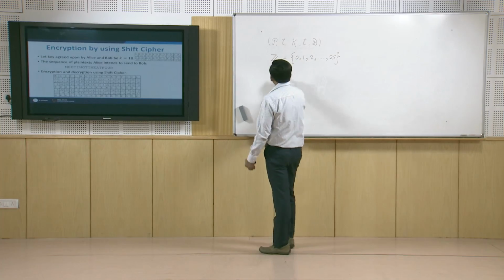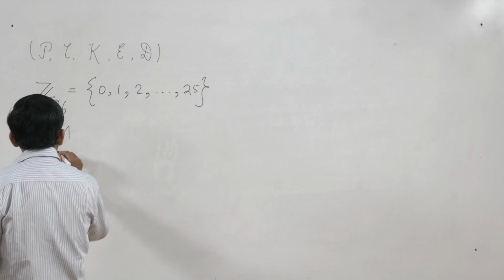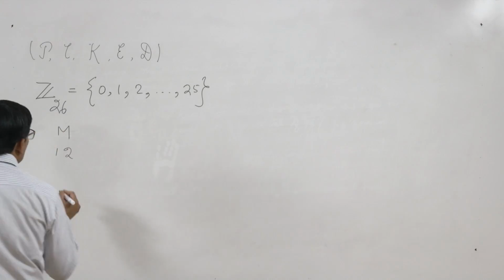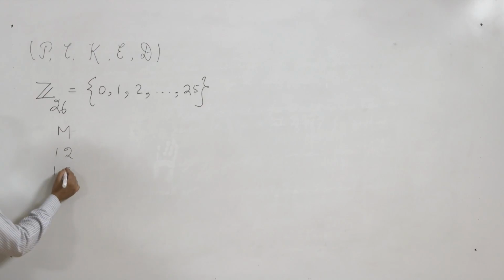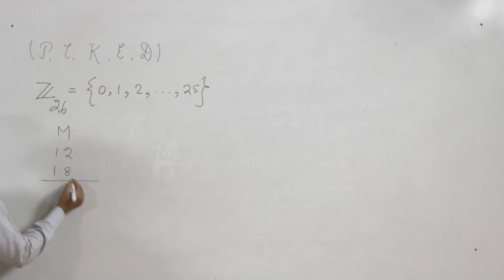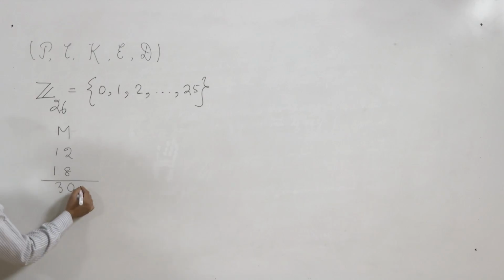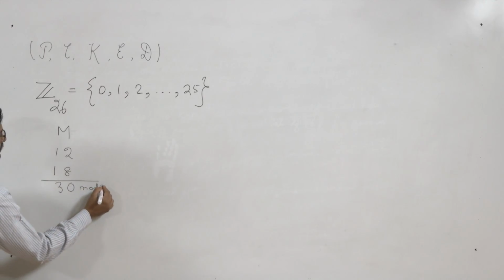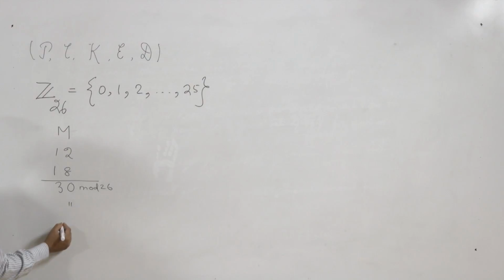So, the first letter is m, which is 12, and our key is 18. If I add, I am going to get 30, and then I have to do 30 mod 26, which is equal to 4.